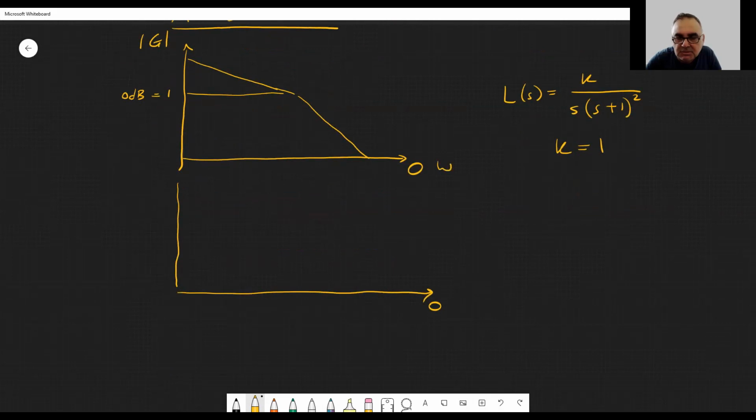These are omegas. It just shows like this for some reason. This is the phase. It's 90.